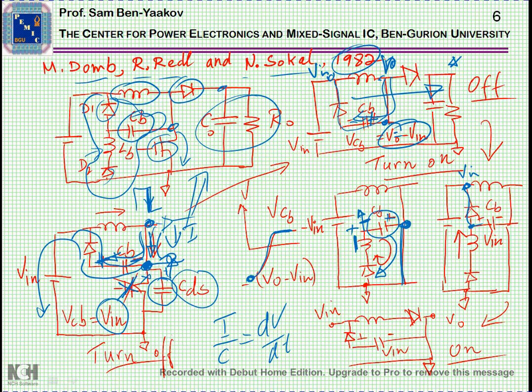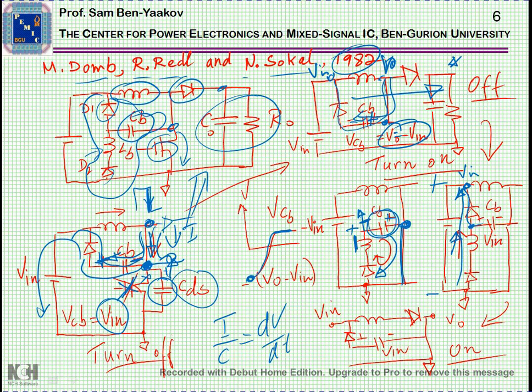I'm showing it here. Now, at this point, the inductor may have some current through it, which will go this way, and because the voltage is of this polarity, the current will go down and eventually reach 0. So what we did with this is in fact discharging this capacitor back.